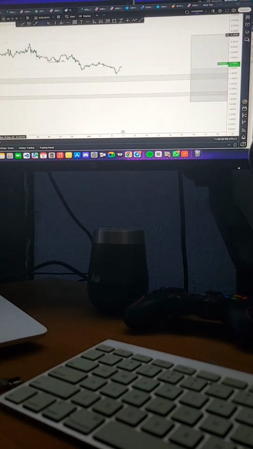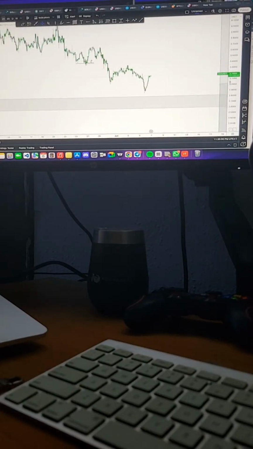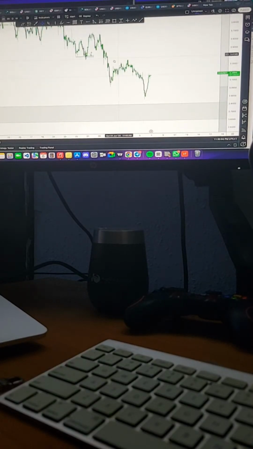So price retraces back to somewhere around there, and I'll be buying. I want to buy on this market. Currently you can actually sell from here, you can sell down to your POI if you know what you're doing.